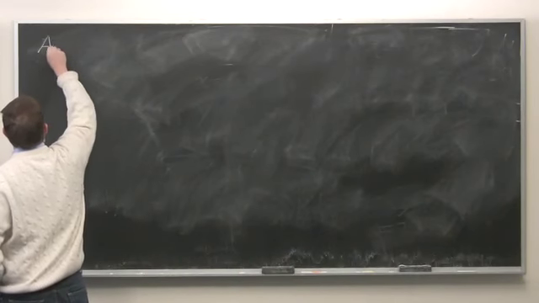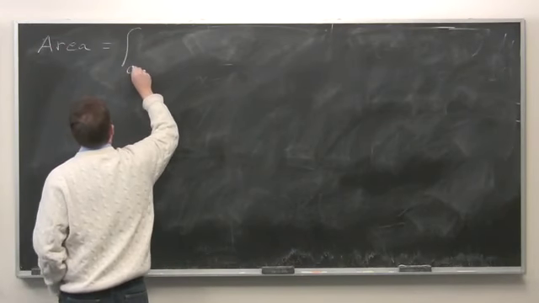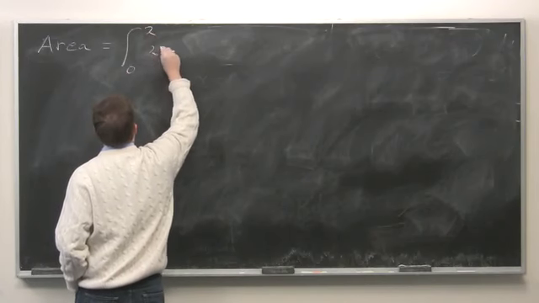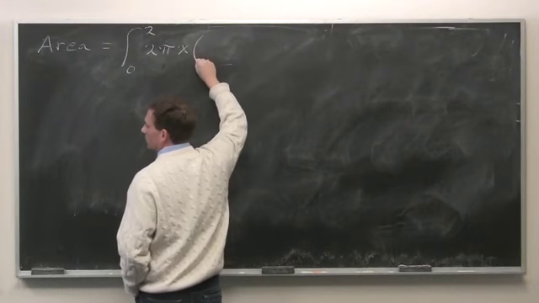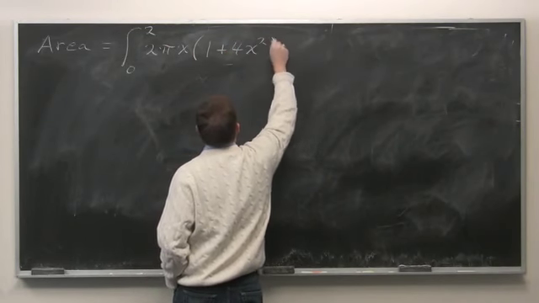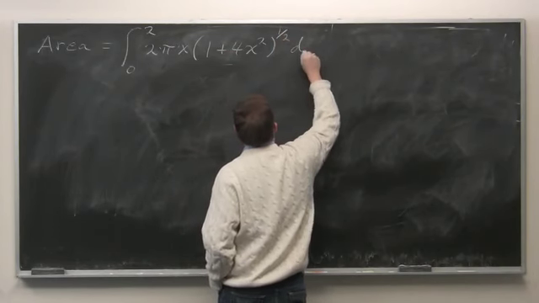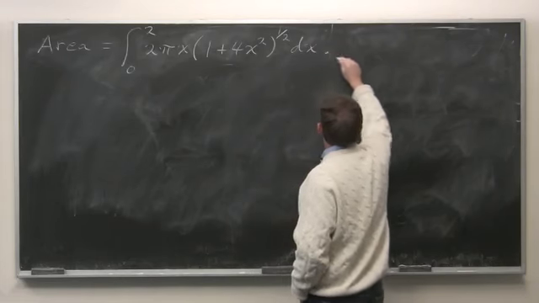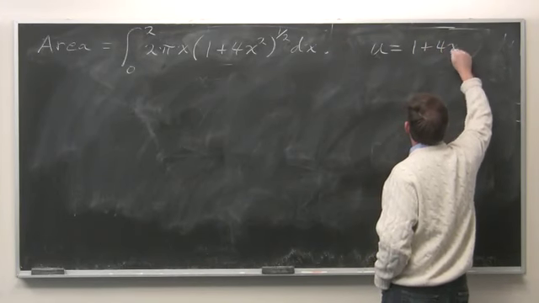So the area that we're after is the integral from 0 to 2 of 2 pi x times, I'll write the square root as raised to the half power. That's how we'll want it for anti-differentiation, dx. And I'm going to make the substitution u equals 1 plus 4x squared.